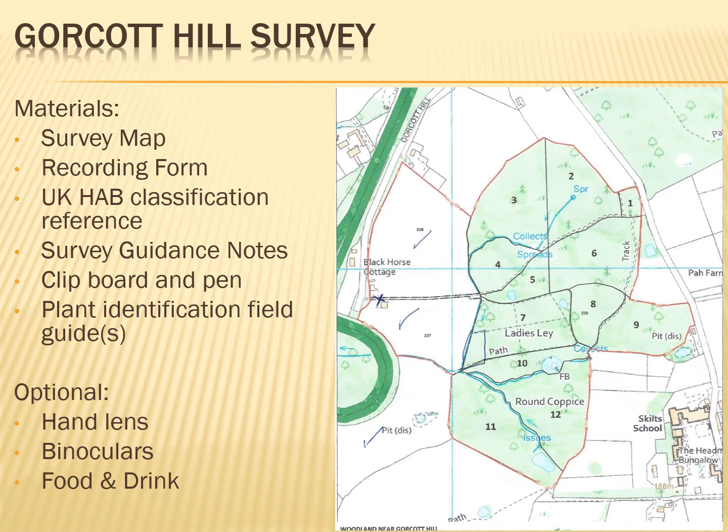The other items you may want to bring yourself are field guides such as Francis Rose's Wildflower Key or Harrap's Wildflower Guide, Collins Complete Guide to British Wildflowers, or any of the Field Studies Council guides to grasses, wildflowers, etc. It would also be useful to have a hand lens, and if you would like, binoculars and food and drink, or whatever else you think you require on the day.